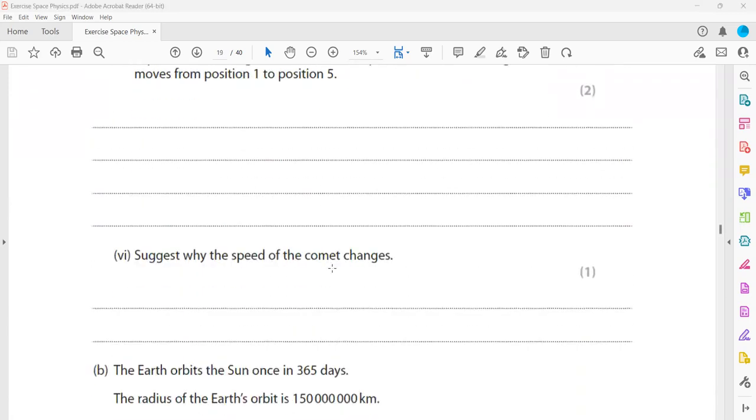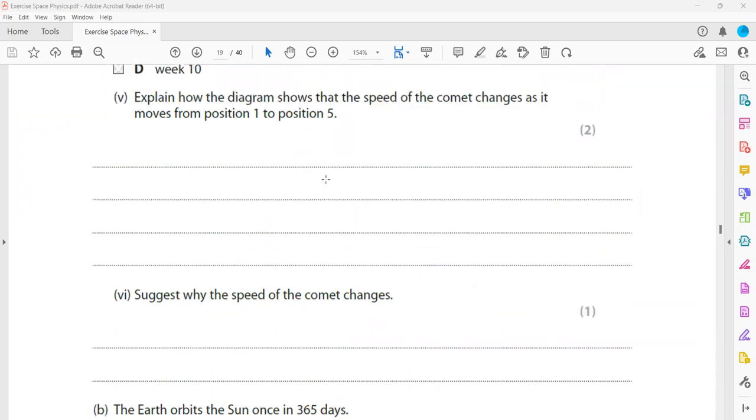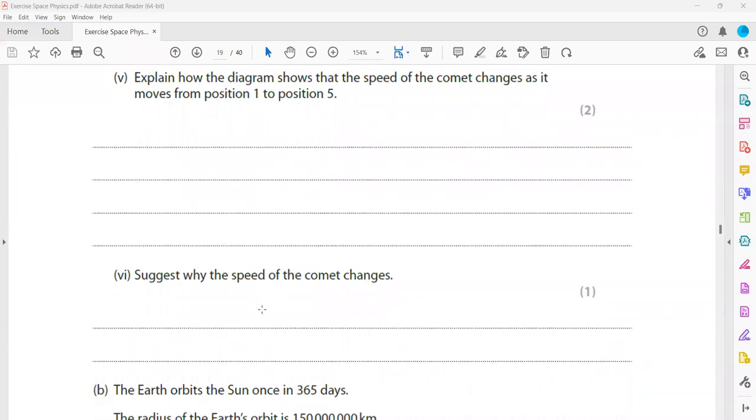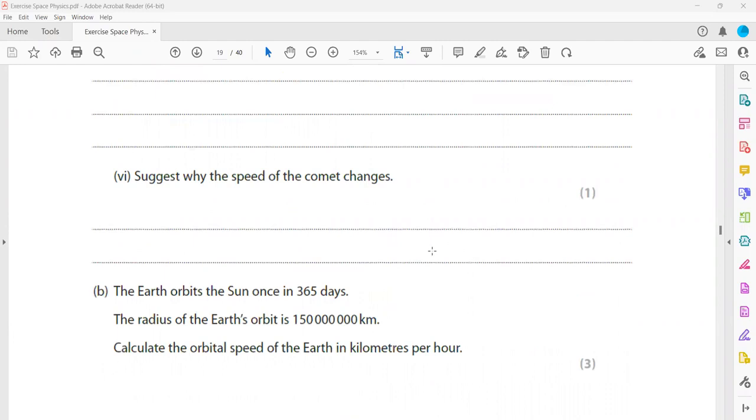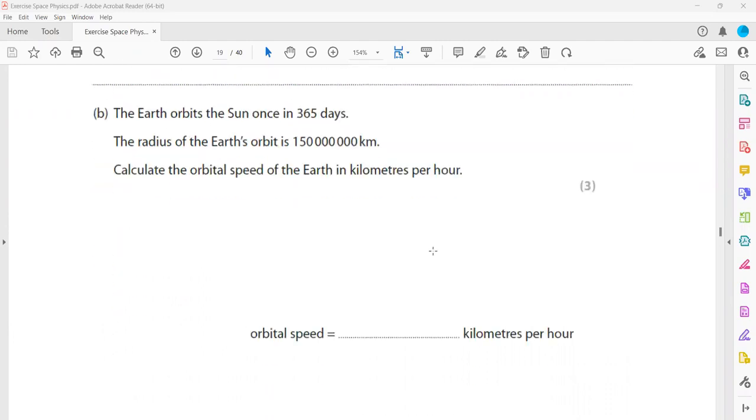It's a similar answer here. You will mention the total energy is conserved, potential energy is decreasing, kinetic energy increases. The next one, why the speed is changing: because the kinetic energy is increasing. That's why the speed is increasing.